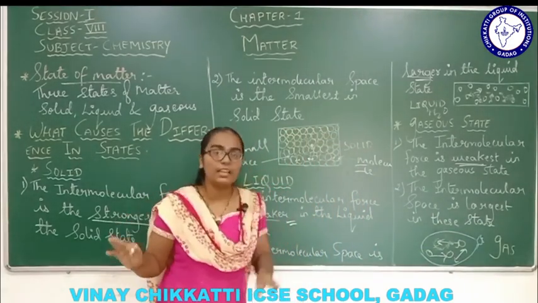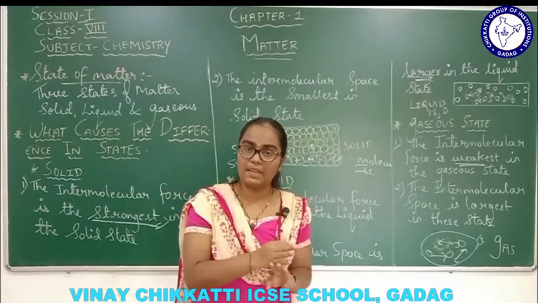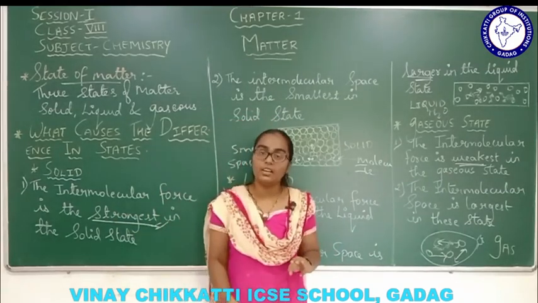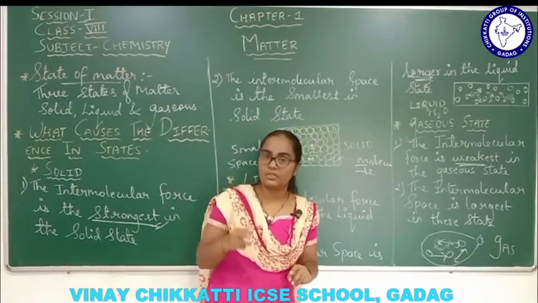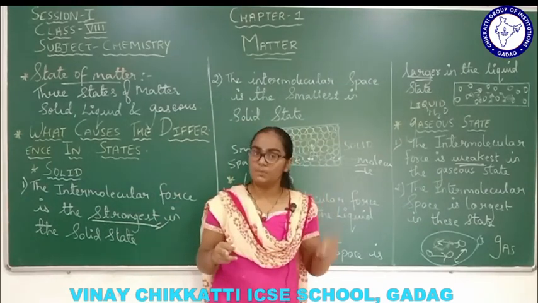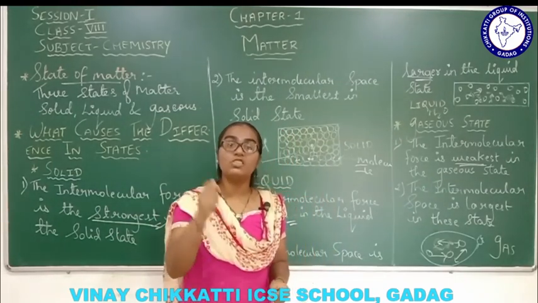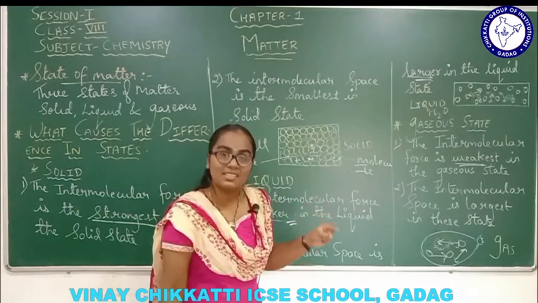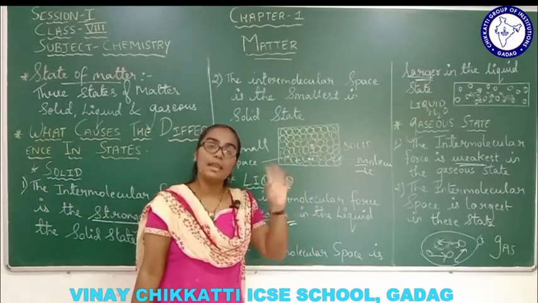So these are the three important states of matter, which differ because of intermolecular force of attraction and intermolecular space, though the substance or molecule present in these three states may be the same.